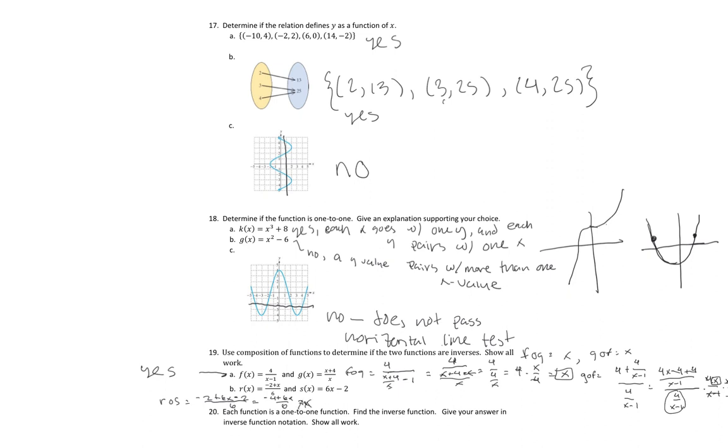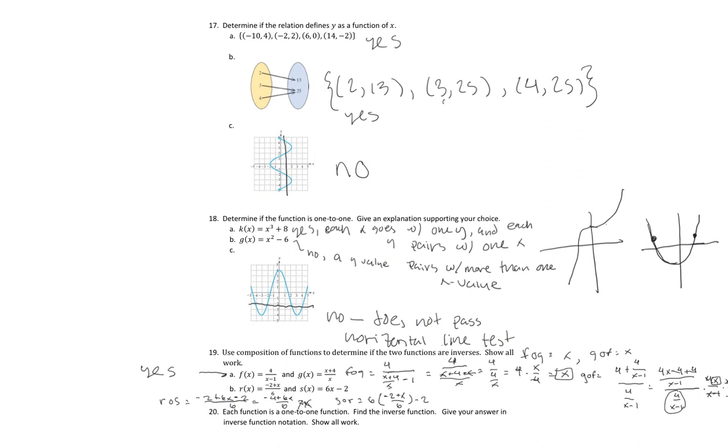And so we already know that the functions aren't going to be inverses, but just for good measure, we can do our s of r. If we do s of r, that's going to equal 6 times negative 2 plus x over 6 minus 2, right?